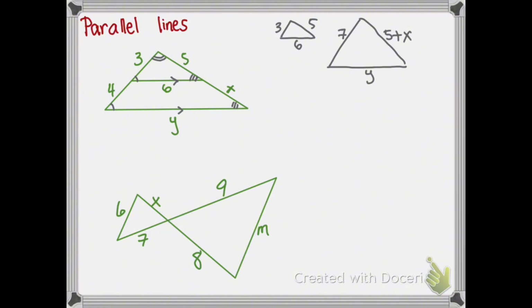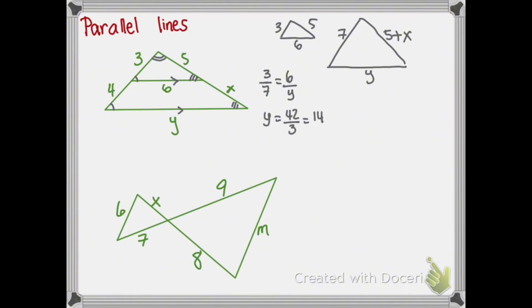So I'm going to start by writing the 2 triangles separately so I can see what I'm comparing. And then the fractions that we're going to use are 3 over 7 equals 6 over y, which in this case we're going to get 42 over 3, which is 14.